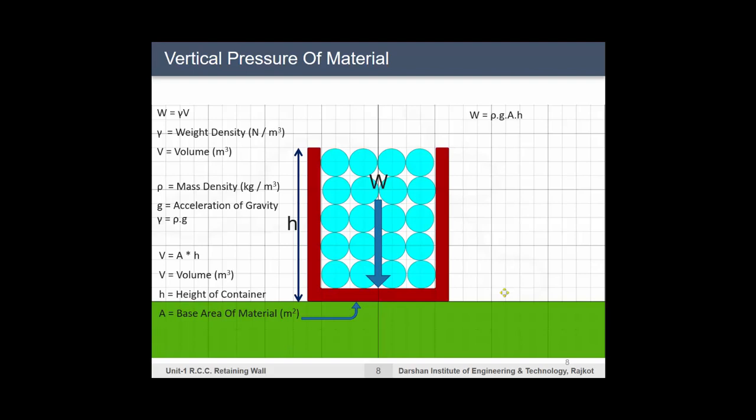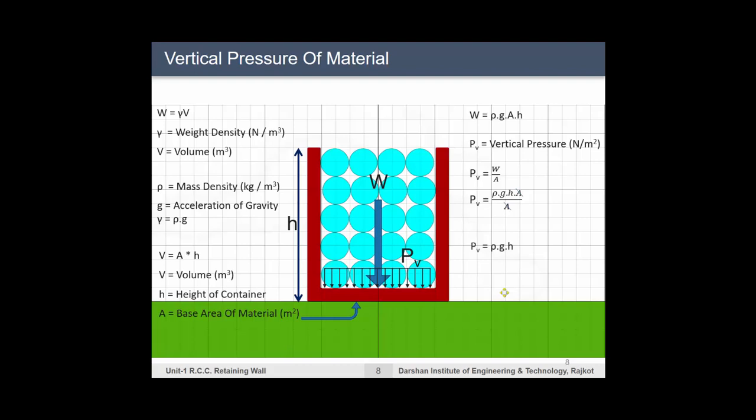To calculate the vertical pressure PV on the bottom of the container, we simply divide total weight by the base area. Substituting our earlier equation for the weight and cancelling the area that appears in the numerator and denominator, it reduces to a simple equation.